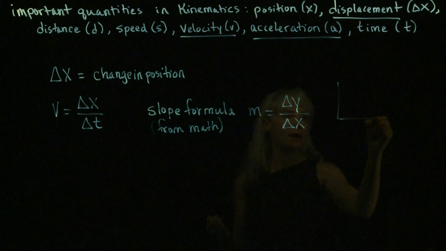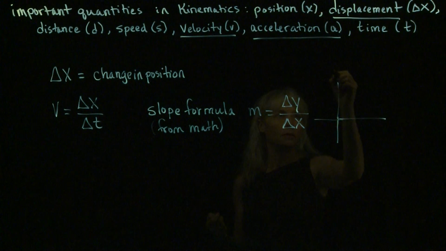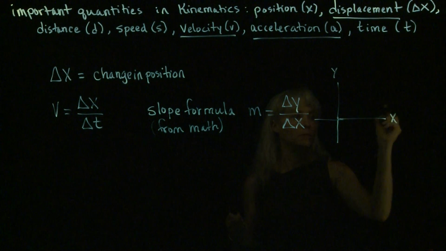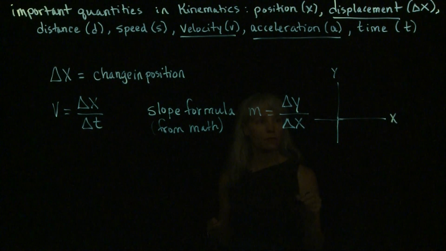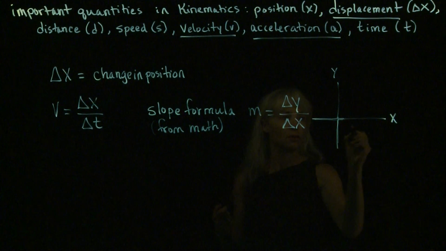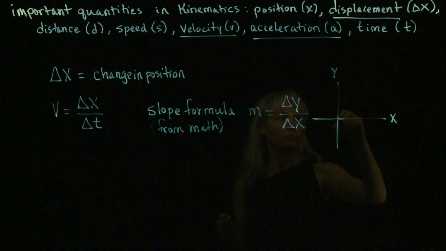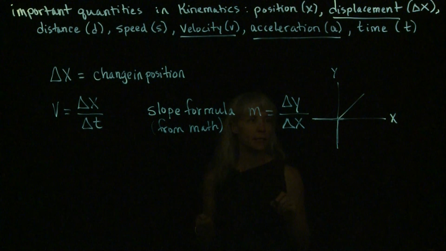So if we had a graph, x on the horizontal, y on the vertical, as is standard in math, and we have a curve, let's say a curve that is a line, looks like this.